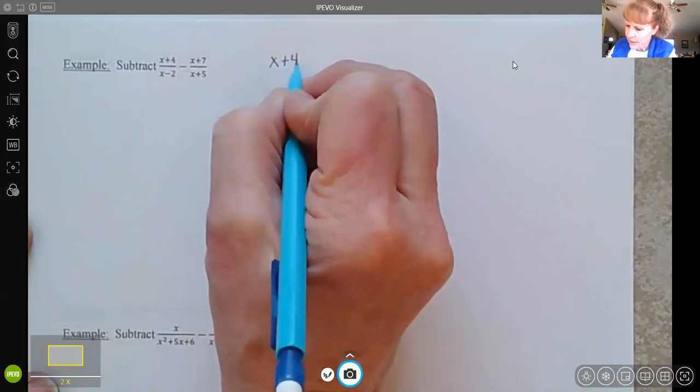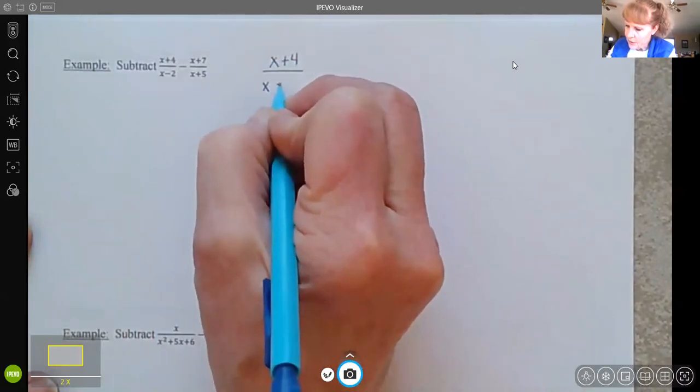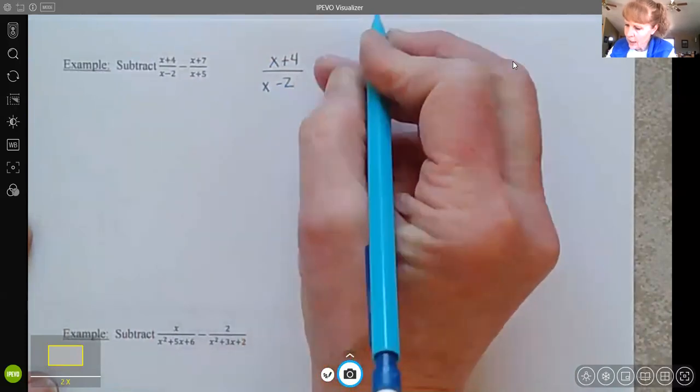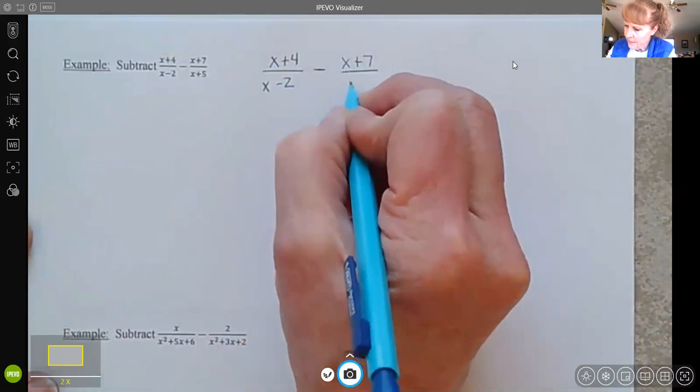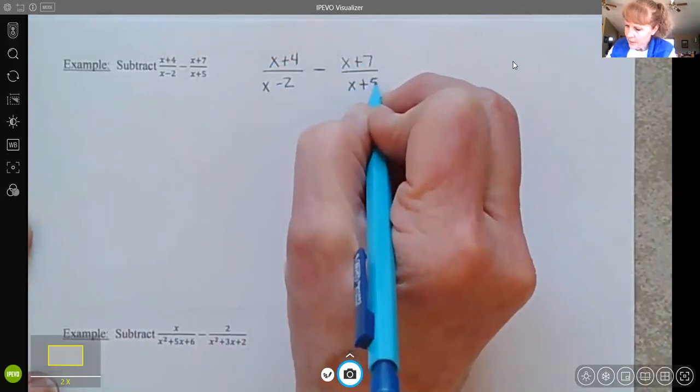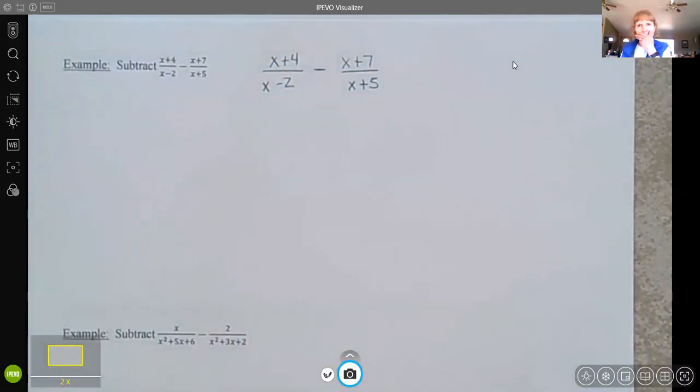x minus 2. This is a subtraction. We know that we're going to have to watch our numerator that follows. Sometimes we can mess with the denominator. If you look here at these two denominators, they don't need to be factored like they did in the last one. They're already factored. So I've got an x minus 2 and I have an x plus 5.